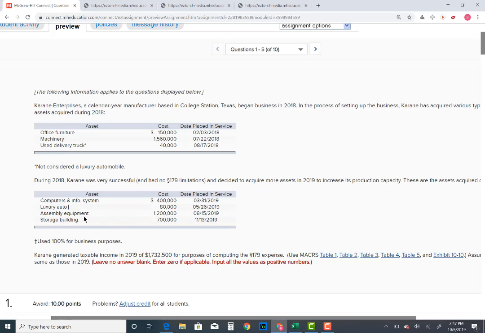But just keep in mind, something like a building is not going to follow the same rule as these personal assets here. So we have 1.2 million plus 400,000 plus 80,000. That's $1,680,000 worth of those personal assets, which are eligible for that 179 depreciation exemption.